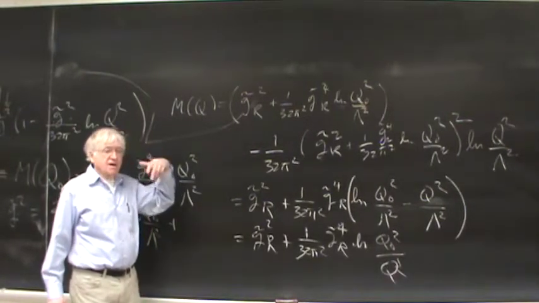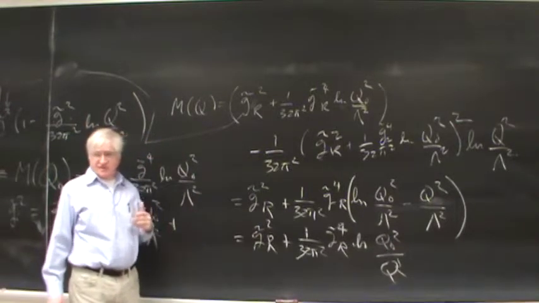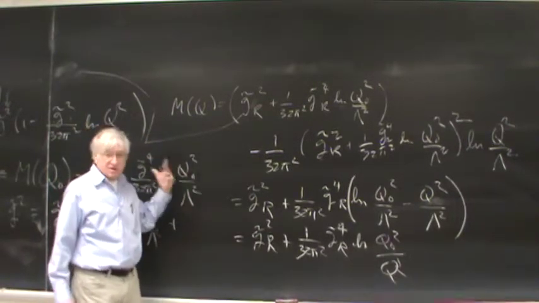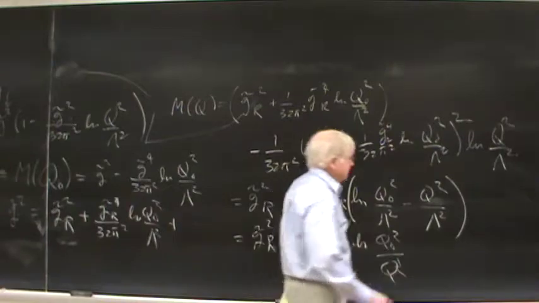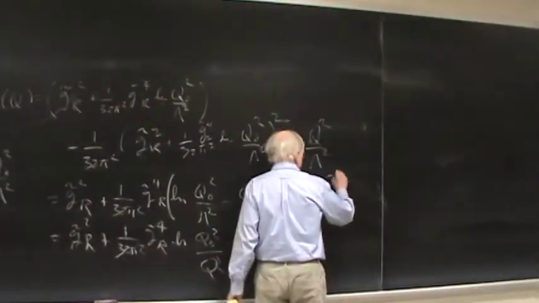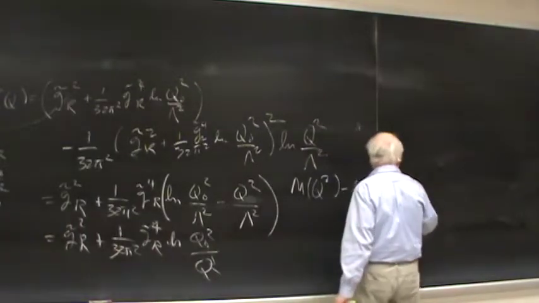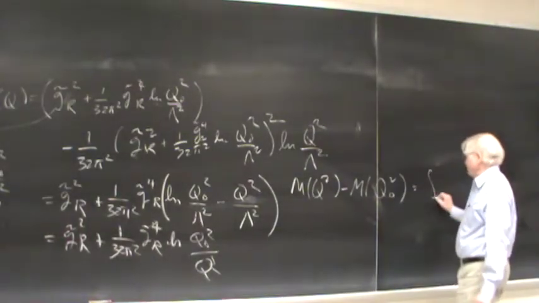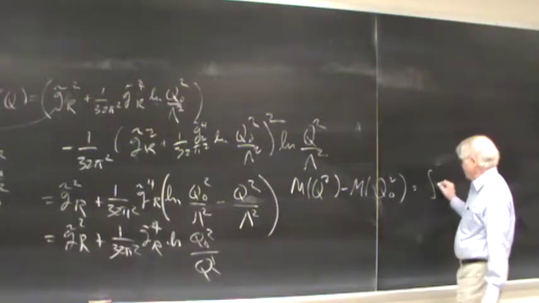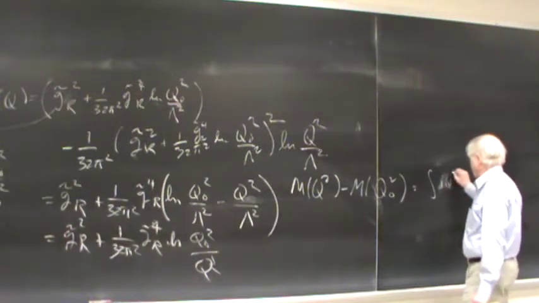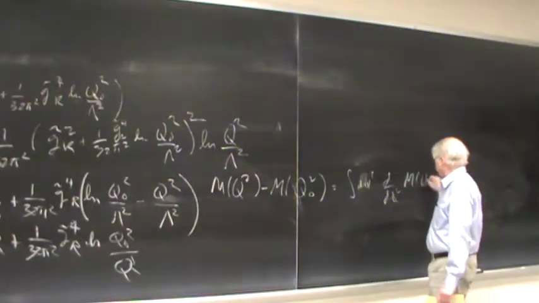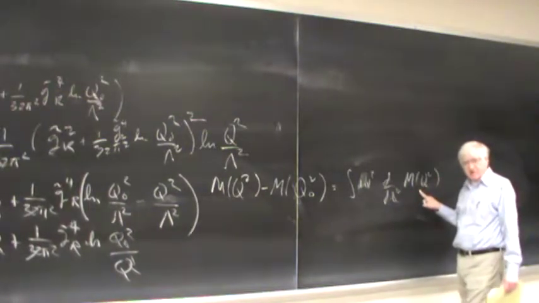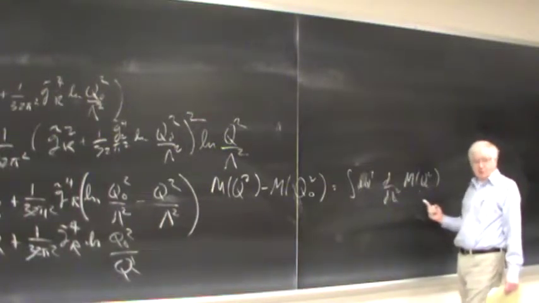If you computed M of Q squared minus M of Q0 squared, then you would have some sort of an integral dQ squared of some derivative with respect to Q squared of this amplitude. And this derivative would be a finite integral, and so this thing would actually make sense.